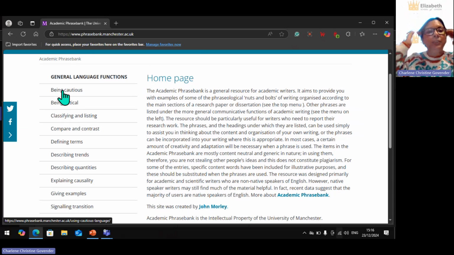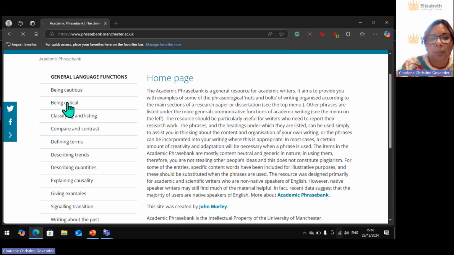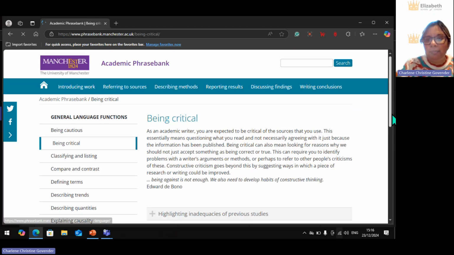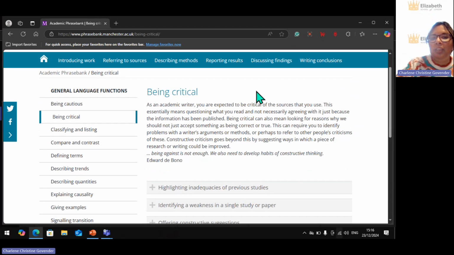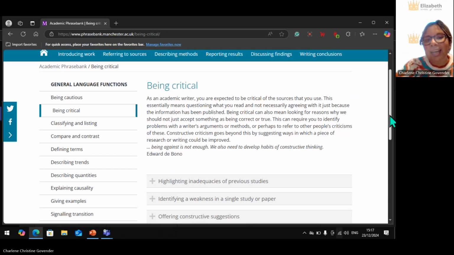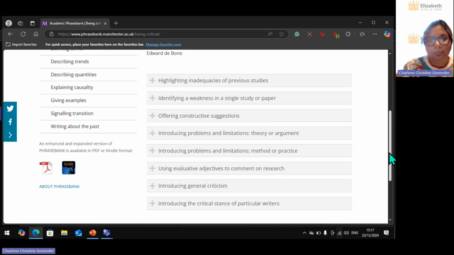So if your assignment brief is asking you to be critical, then you would scroll down, look for the word critical, give it a double click or a single click, as need be, and then it's going to give you an explanation of what being critical is. And it's going to tell you how you could possibly use it.